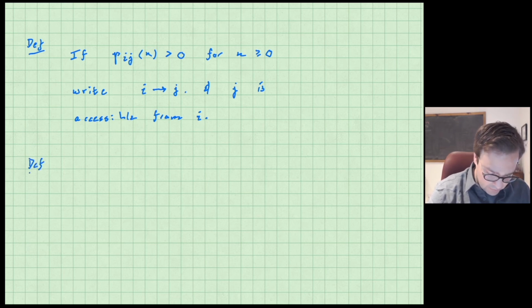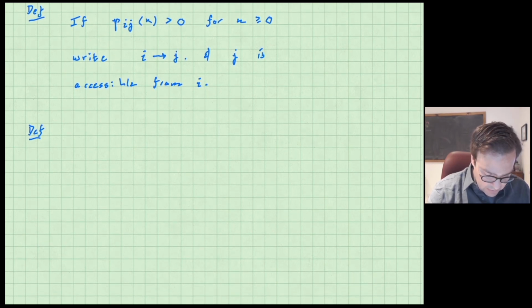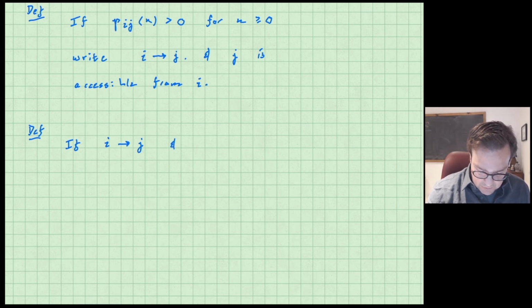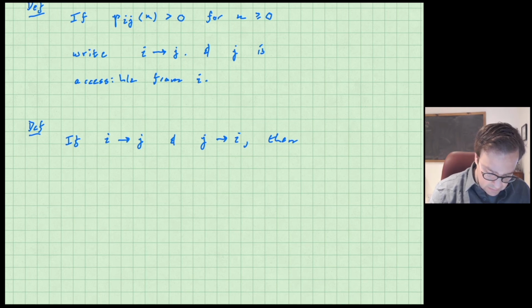So here's the next one, the last definition of the day, I think. If you have j is accessible from i, and i is accessible from j, then we write the following. We write it like this.